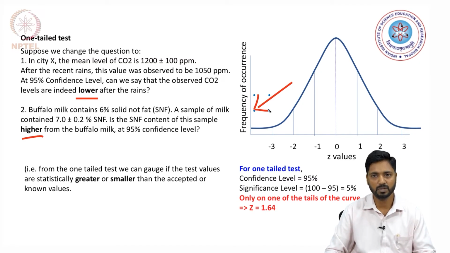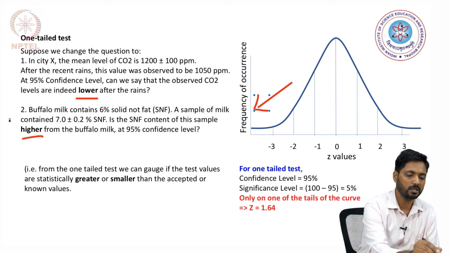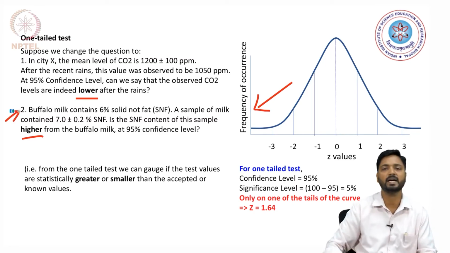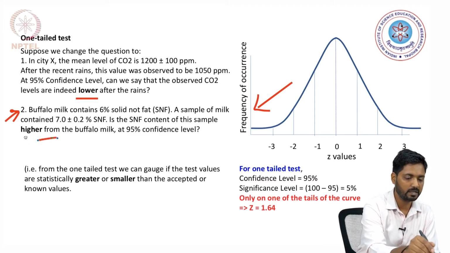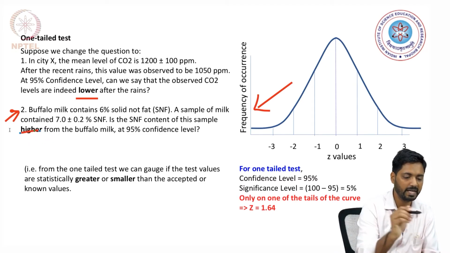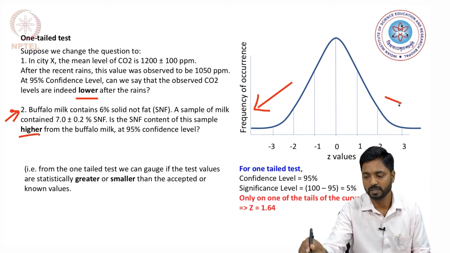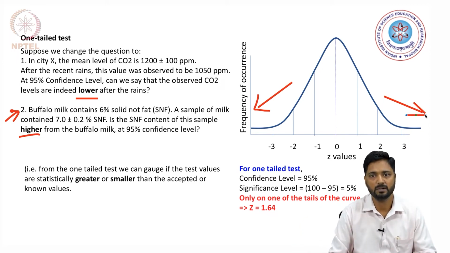However, if the question at hand, for example, in the question 2 highlighted here, is whether the reading is higher, then we are going to be concerned with only the right hand side of the Gaussian profile, or the right tail of the Gaussian profile.